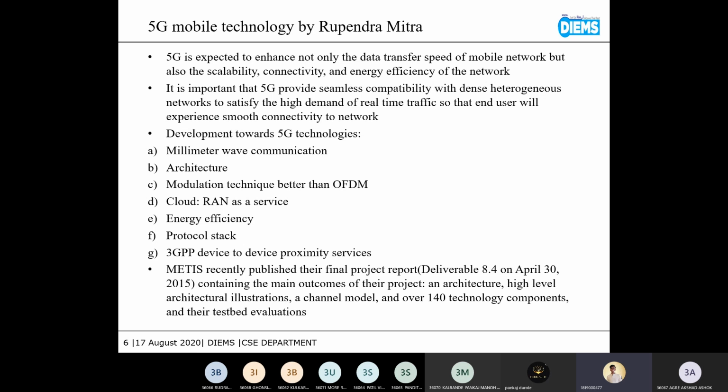Second one is the architecture of 5G, which is efficient, dynamic, and a flexible framework of multiple advanced technologies. It means the architecture of 5G is more efficient and more dynamic than 4G. They have also used flexible frameworks and multiple advanced technologies to set 5G over 4G.